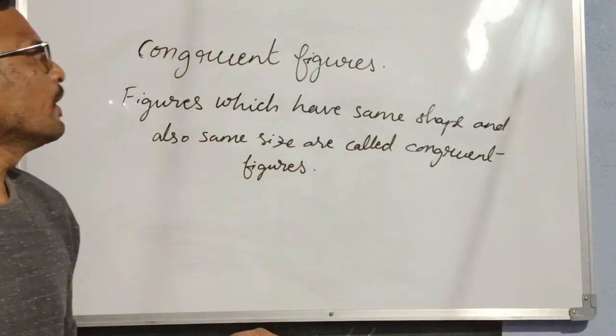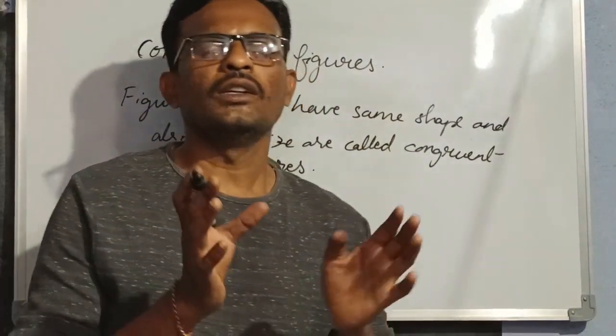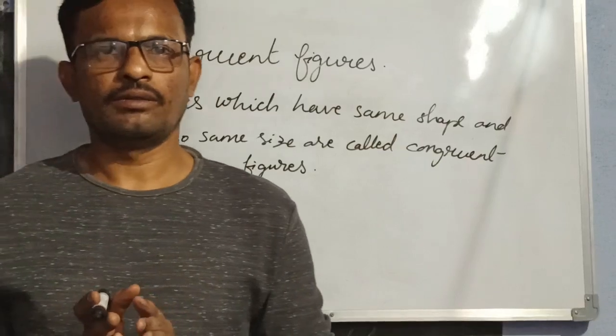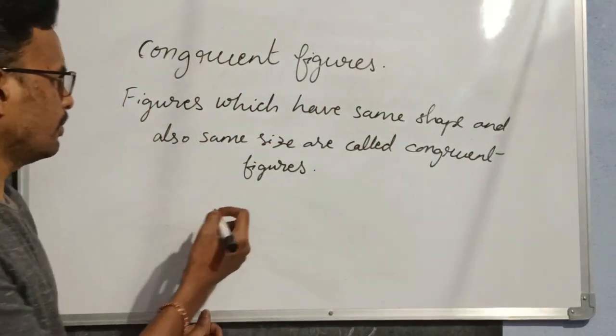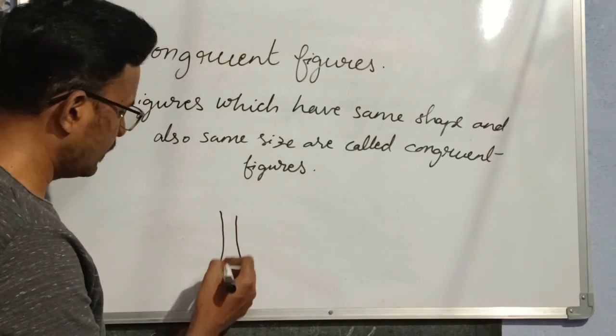Some situations will be there in our daily life where we can see figures having the same shape, correct? For suppose, we can see a big tree and a small tree.